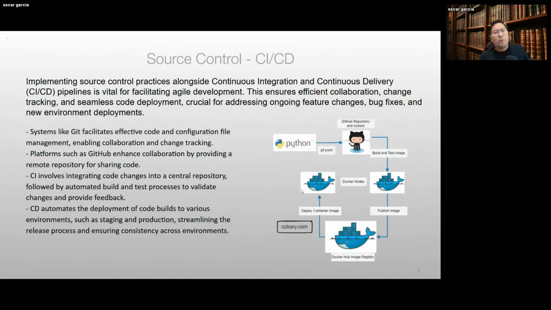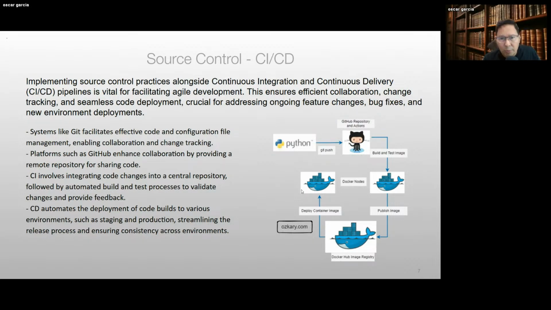So what is the purpose of source control and CI/CD? I know you heard me mention continuous integration, continuous delivery. What that really means is that as you do development and you make changes to code, you need to maintain version control. So you'll be able to use services like Git and GitHub, as an example, to make your code changes and commit and push those changes.